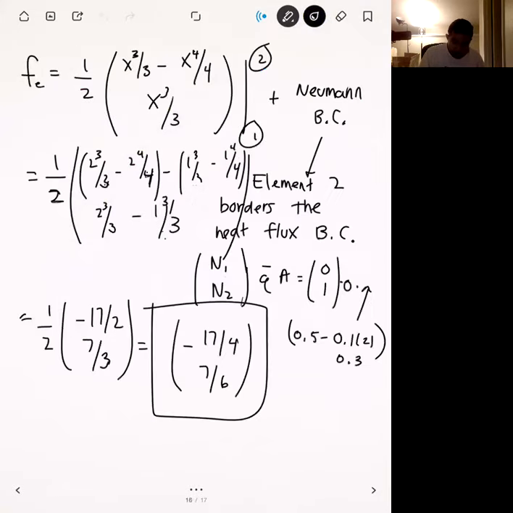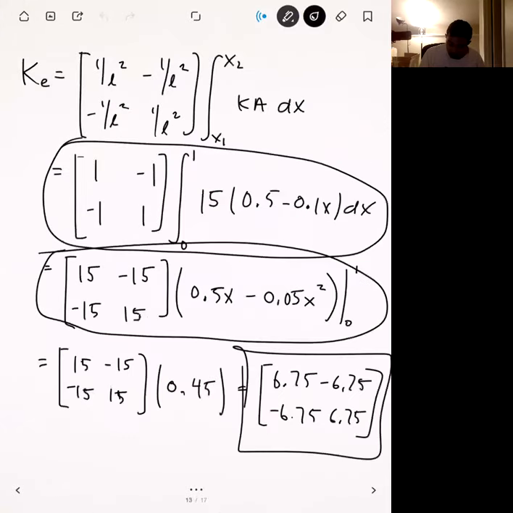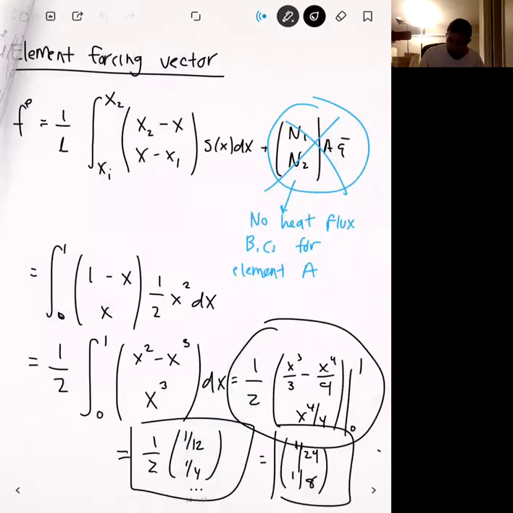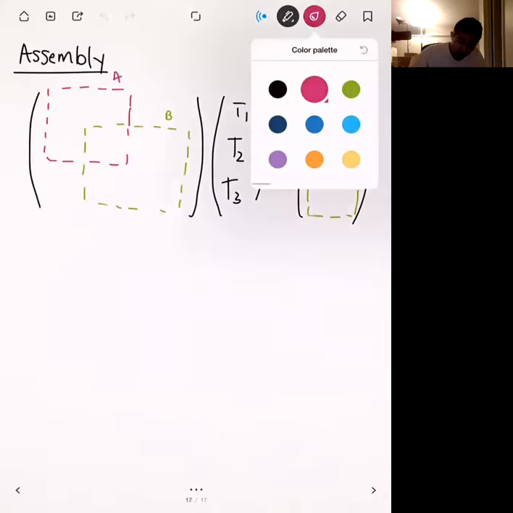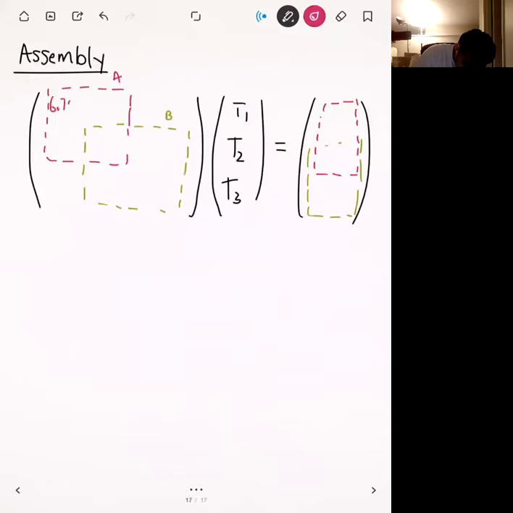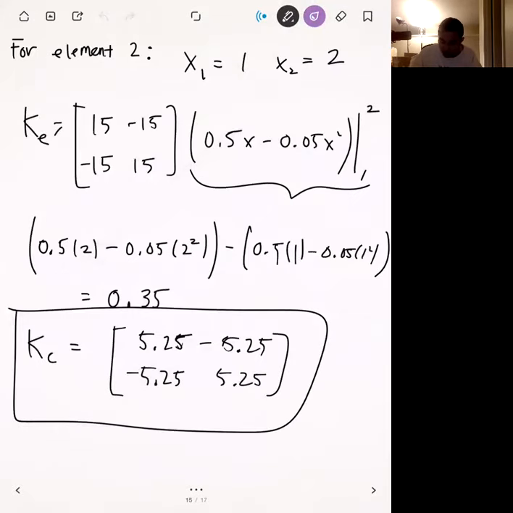All right, and so let's go ahead and fill in the values here because it's not that much. And so for element A, remember our element stiffness matrix was 6.75, minus 6.75, minus 6.75, and 6.75 in there, but we're going to add that together with the contributions from element B. And so for element B, we had 5.25.